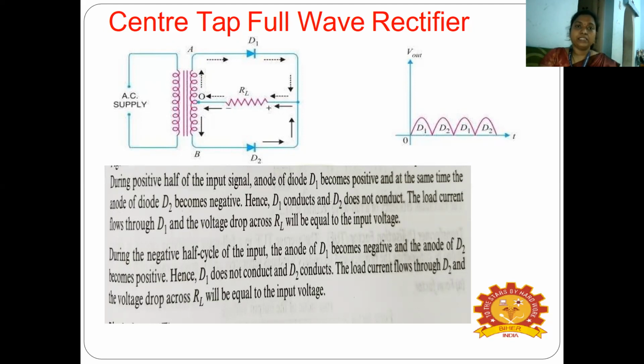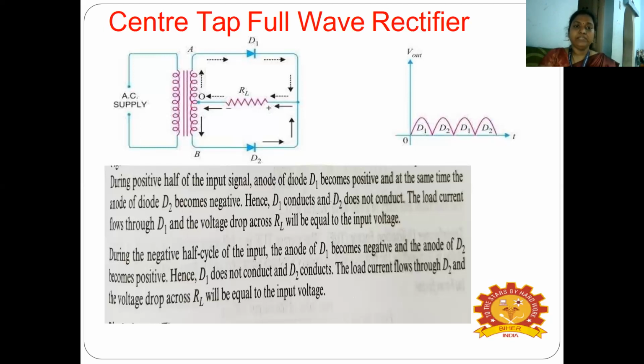D1 will be conducting and D2 will not conduct in the positive cycle. So the load current flows through the diode D1 and the voltage drop across your resistance RL will be equal to the input voltage. So you will be getting the D1 output.